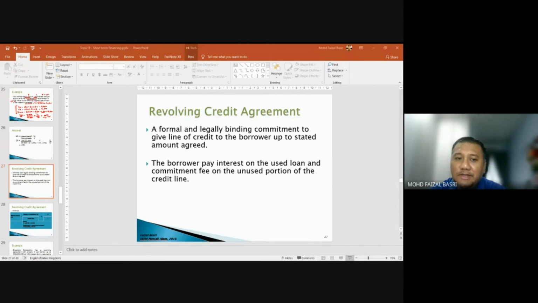So 80,000 ringgit is the compensating balance. And we have additional commitment fees of 0.5%, which we charge based on the 1.2 million. So on this 1.2 million we charge 0.5%.